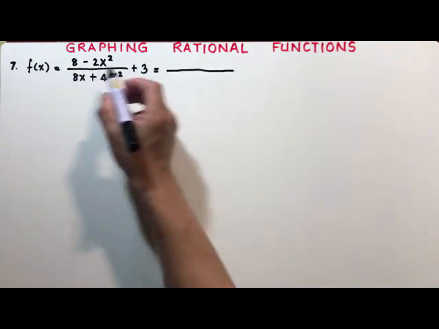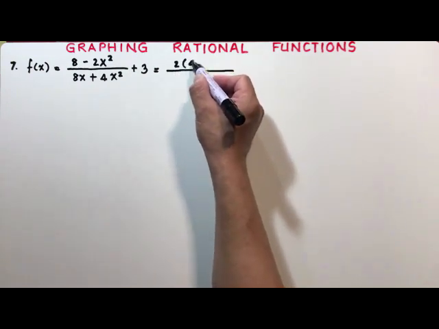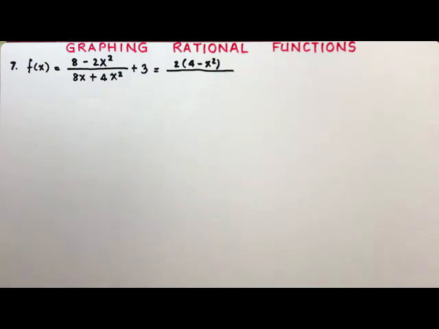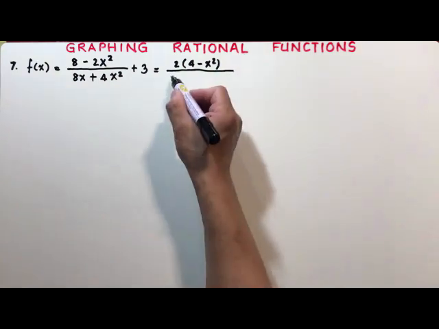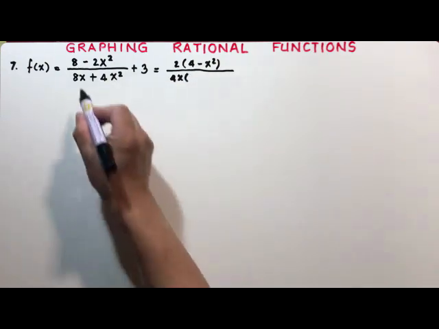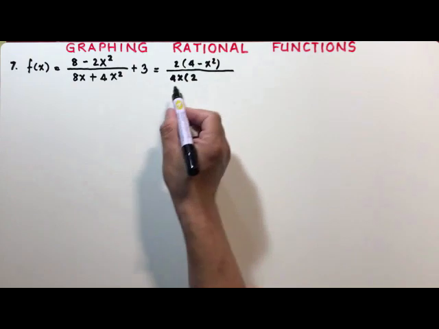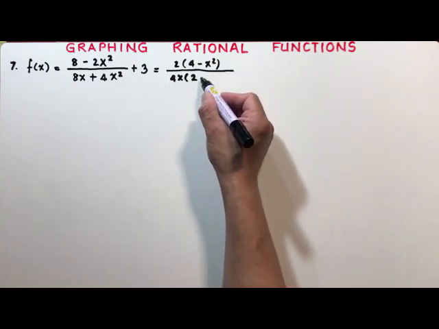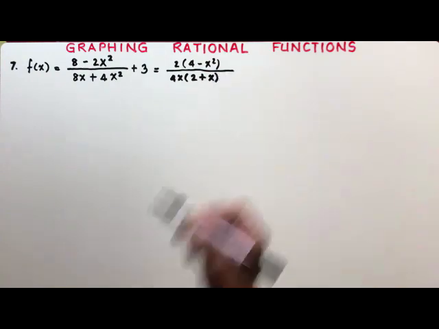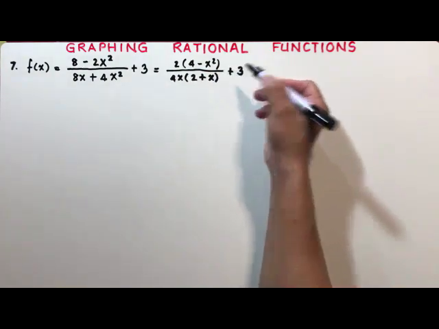The common factor of our numerator is 2, so we have 4 minus x squared. In our denominator, the common factor is 4x. So 8x divided by 4x is 2, and 4x squared divided by 4x is x, so plus x. Remember, this is added to a constant of 3.